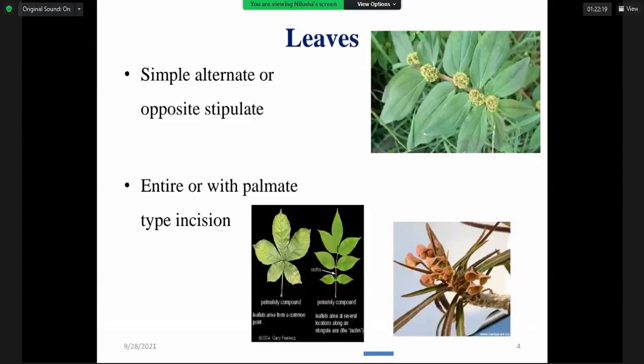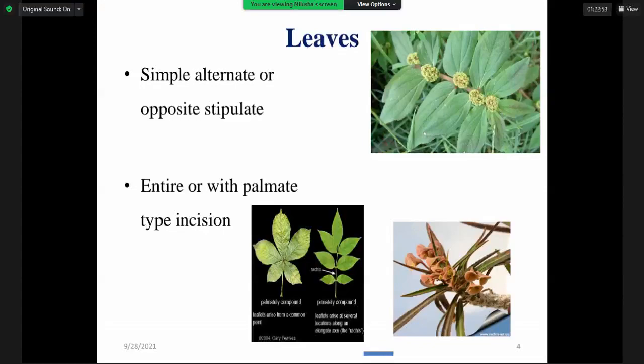Also in this family the leaf is entire or with palmate type incision. Palmate type incision means the leaf veins originate from a common point at the base of the leaf.